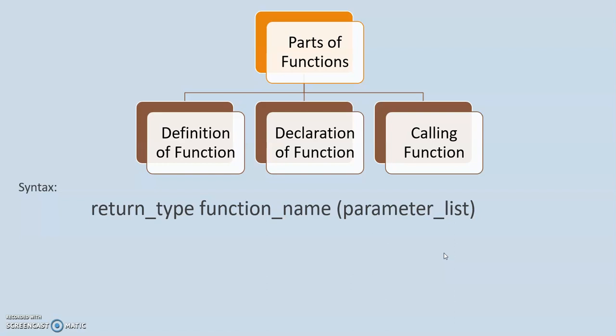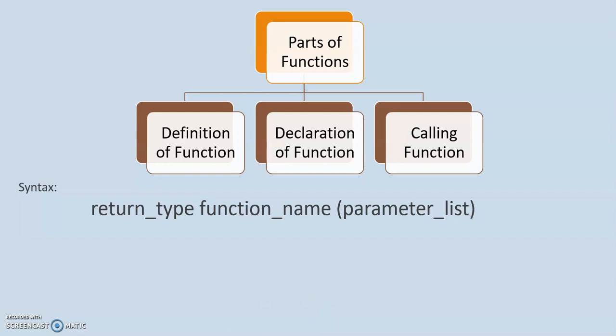This value is referred to as the actual parameter or the arguments. Parameter list refers to the type, order, and number of parameters in the function. Parameters are optional, that is, a function may contain no parameters.